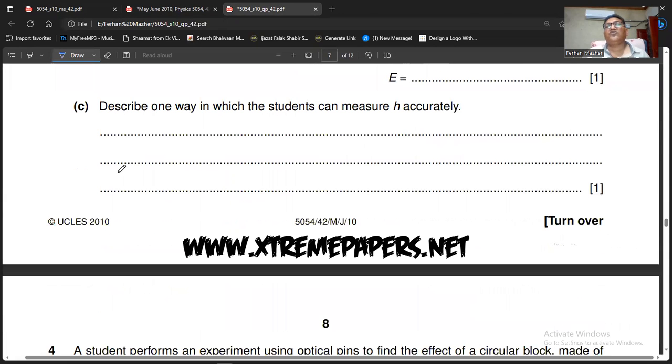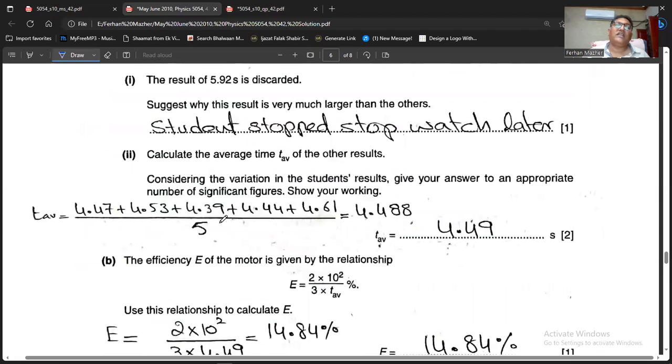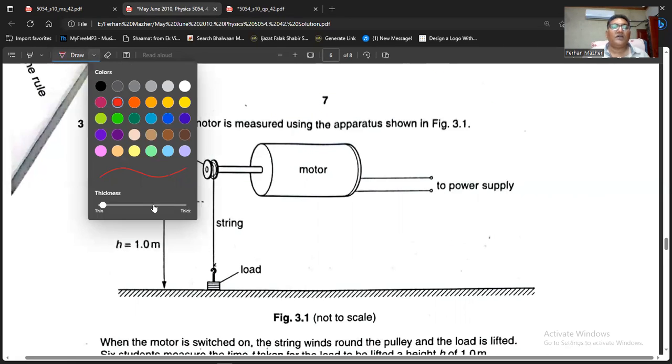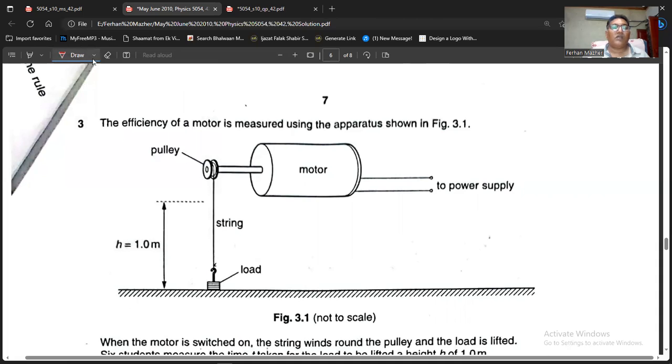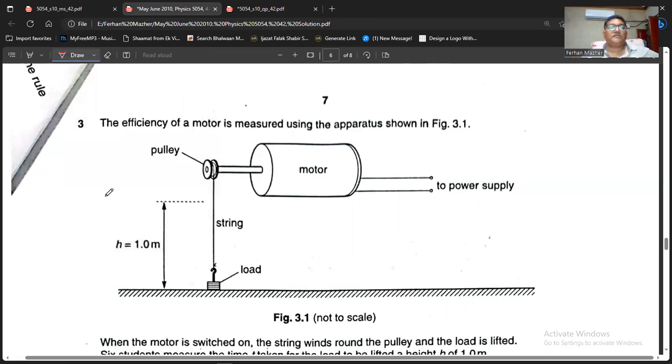Describe one way in which the student can measure h accurately. You see how you can measure h accurately.